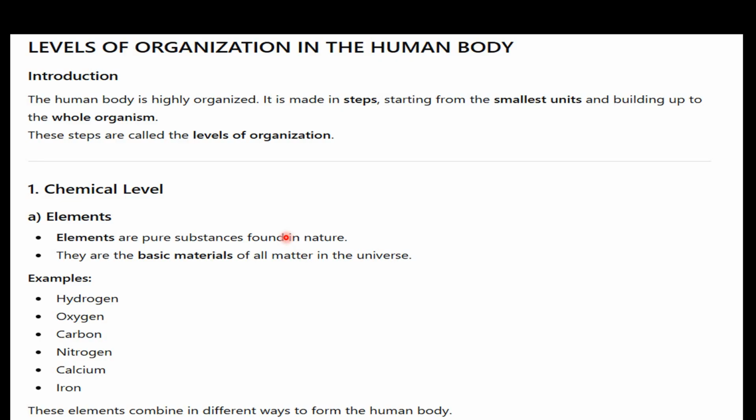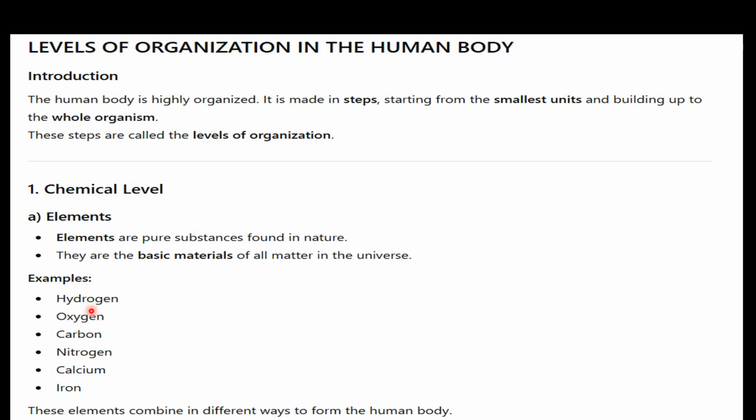Elements are pure substances found in nature. They are the basic material of all the matter in the universe.